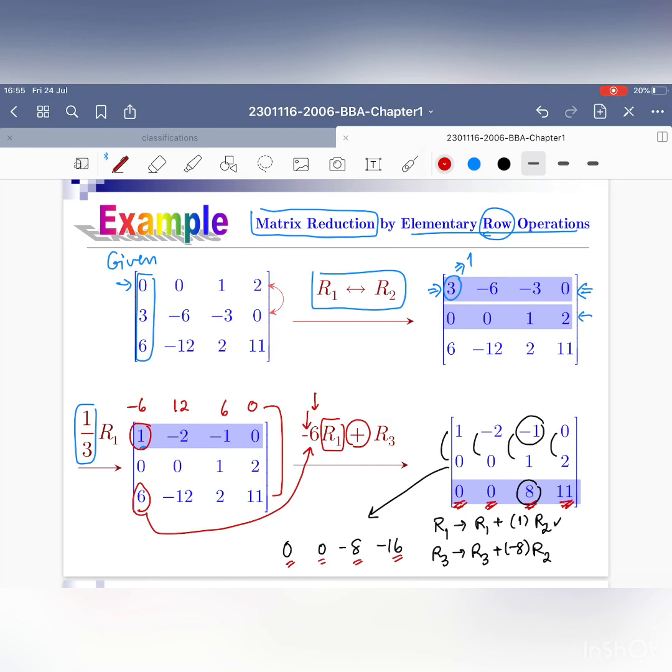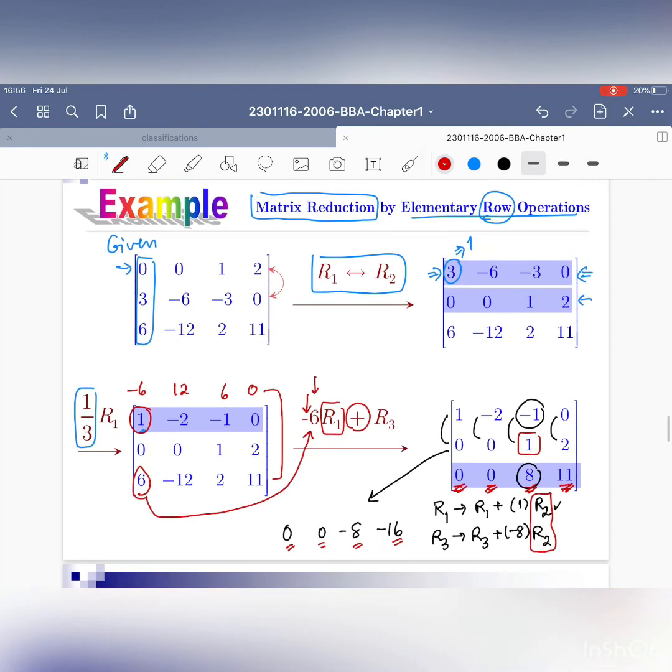The one that you multiply by the opposite number is your R1. And when you are taking care of the second position, the second leading of the second row, the one that you are going to change depends on your R2.